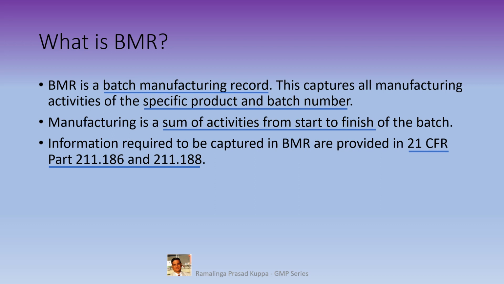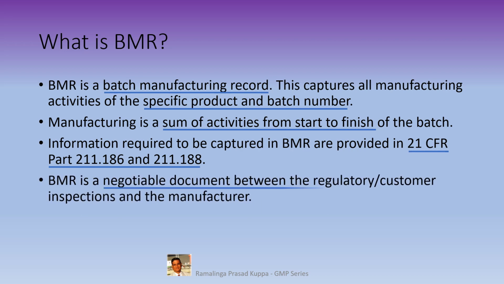Once the executable BMR is issued for a batch, it cannot be used for any other batch. In case of any change in the production plan, to defer the manufacturing of that batch, it should be cancelled and returned to the issuer with reason for return.